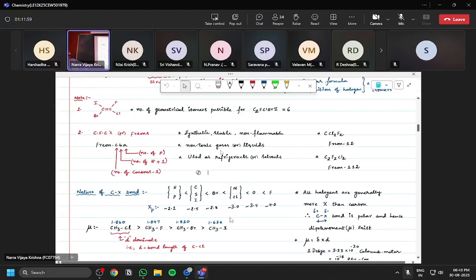Nomenclature of freons: they are written as freon CBA. C represents number of carbons minus 1. B represents number of hydrogens plus 1. A represents number of fluorines. Right? So if it is CCl2F2, we write freon: number of carbons is 1, 1 minus 1 is 0. Then number of hydrogens plus 1: number of hydrogens is 0, so plus 1 means 1. Number of fluorines is 2, so I write 2.